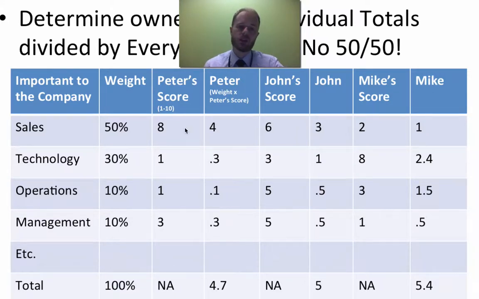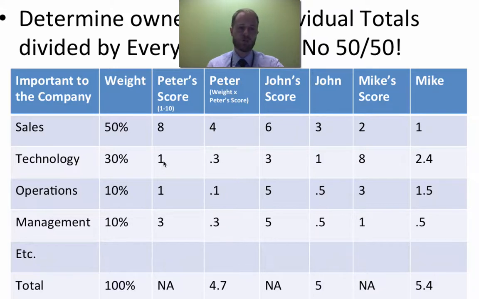So now we have to determine what Peter's weight is compared to how much we weighted each of these aspects. Let's start with sales. We took the 8 that he scored, multiplied by the 50% that we said how important sales was, and we got Peter's weight. 8 times 50%, you get 4.